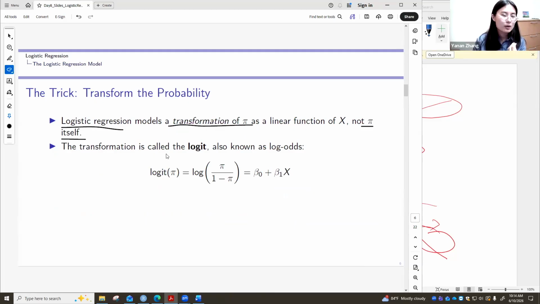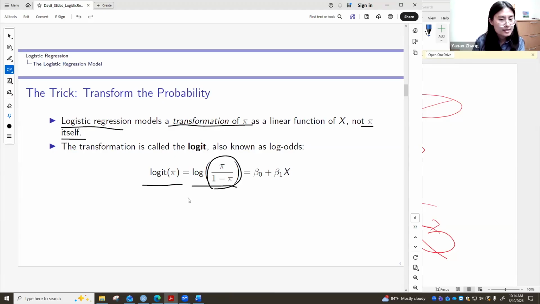This transformation is what we call the logit transformation. People also call it log odds. So here is the logit function of probability, which we can write as log of pi over 1 minus pi. We will talk about this shortly. This pi over 1 minus pi is what we call odds. So logit equals the log odds.